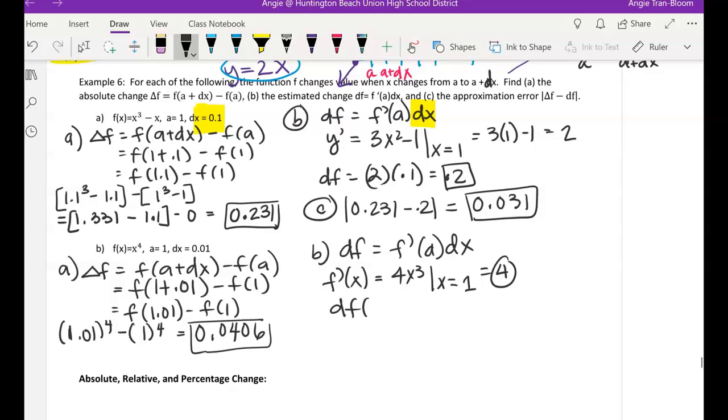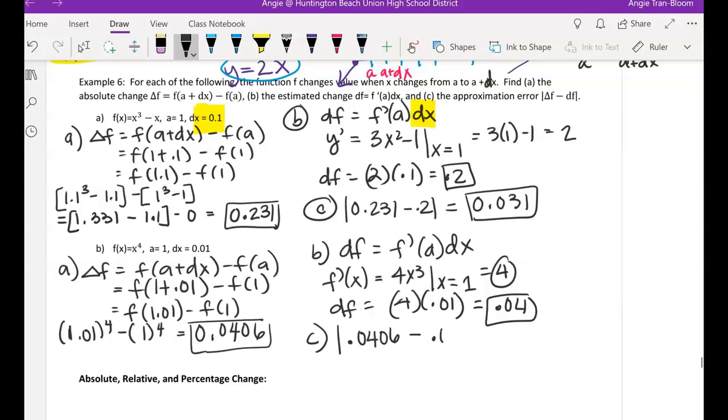So df equals 4 times the change in x, which is 0.01. This is going to give me the answer of 0.04.